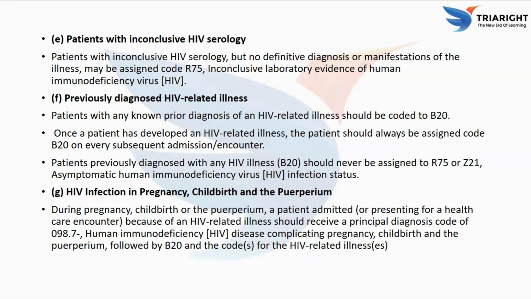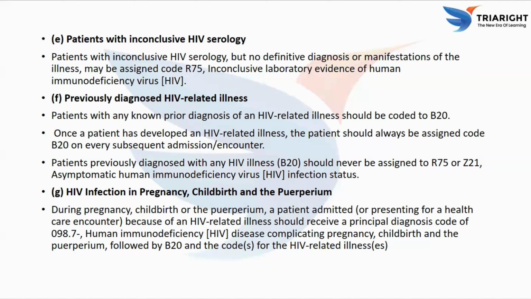If a patient has HIV disease, AIDS, or HIV related conditions, you have to assign B20 along with the O series code. If the patient is asymptomatic HIV positive, you assign Z21 along with the principal O code. Then add codes for any HIV related illness. If the patient has any other infections related to HIV, you add them as a third code.